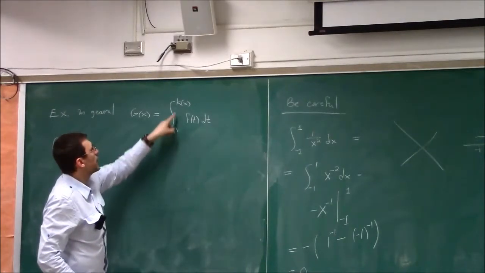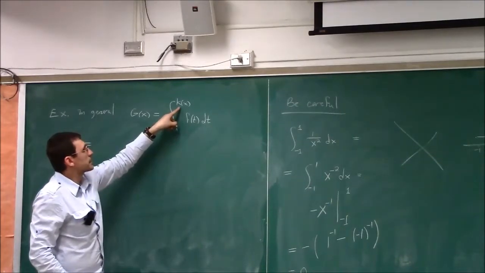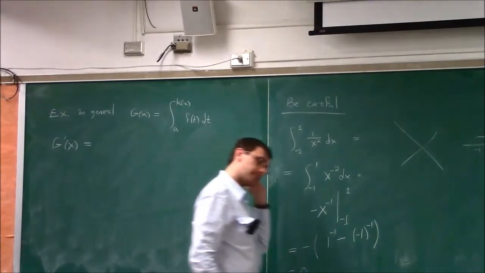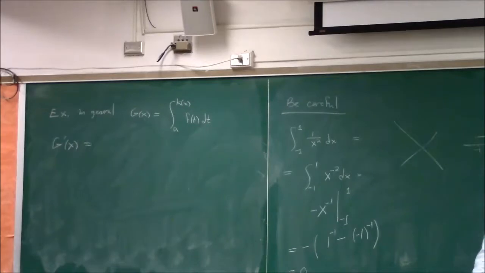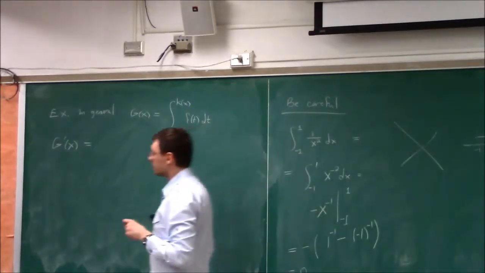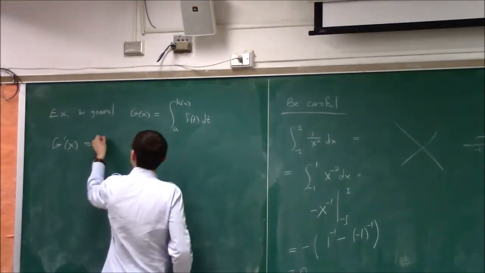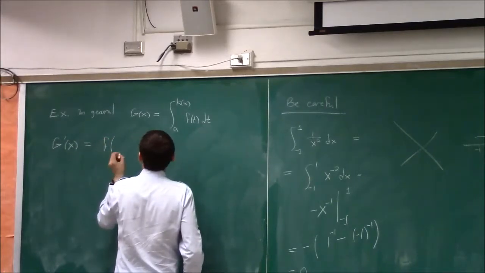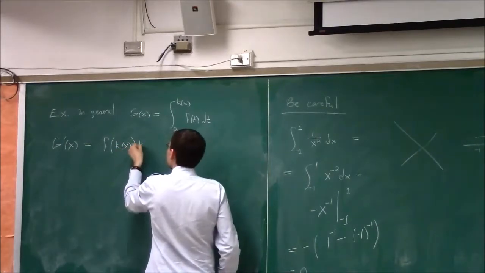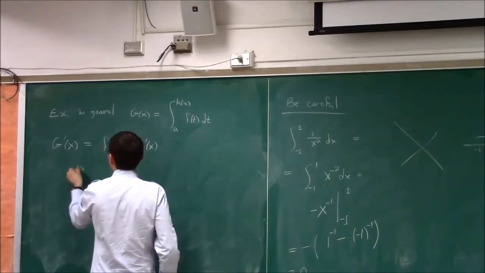I see an integral from a to some function that is not necessarily x. What do I do? Well, I do chain rule. So by the chain rule, this is little f. What's in its belly? Times k prime of x.